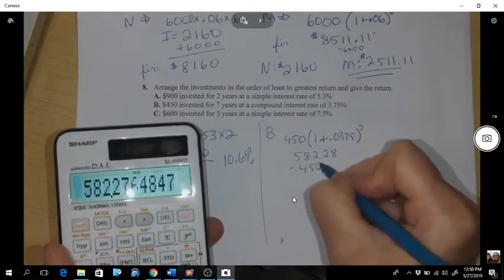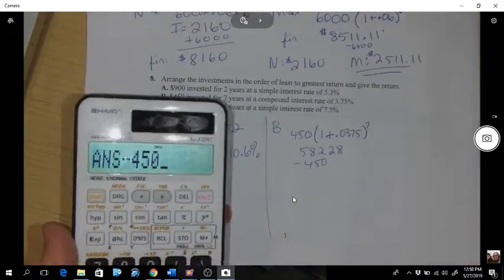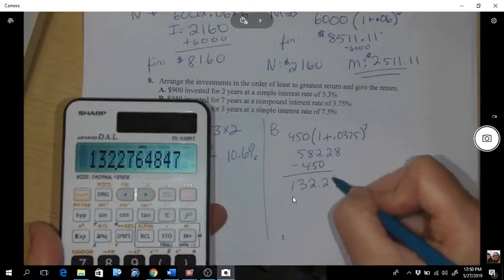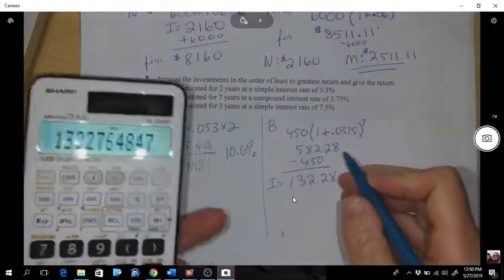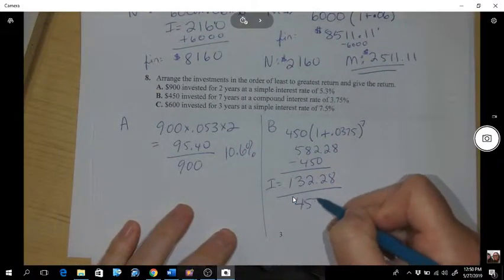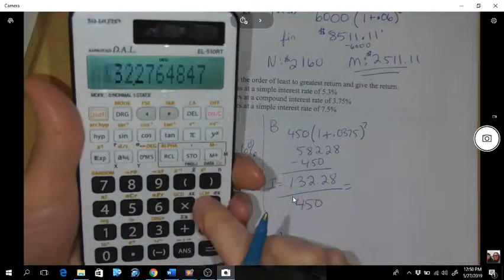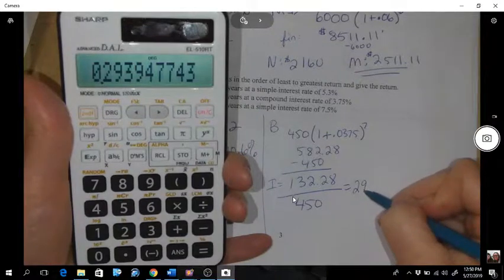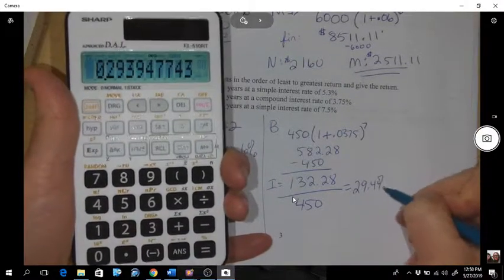So subtracting 450 means that we earn $132.28 of interest. Okay? Divide by the principal investment means we get a 29.4% return. That's pretty good.